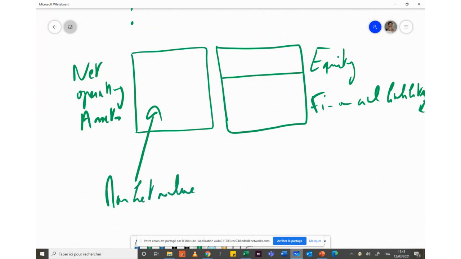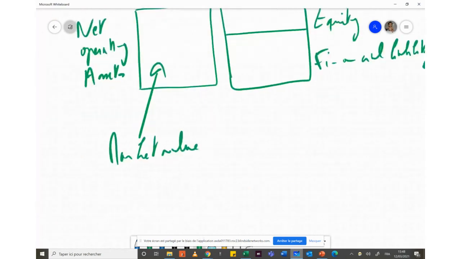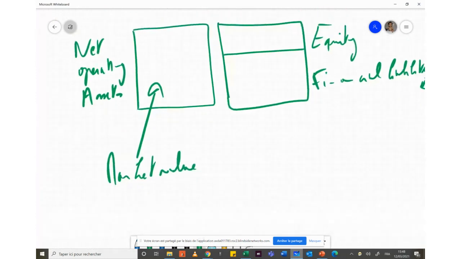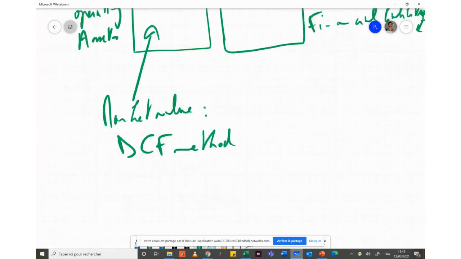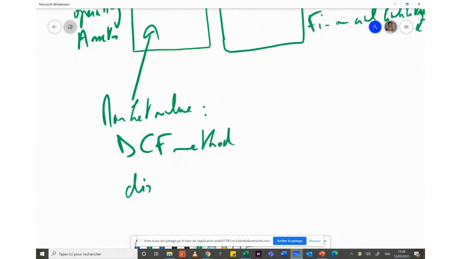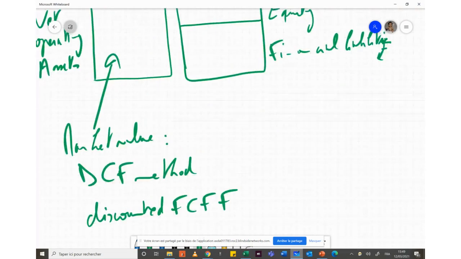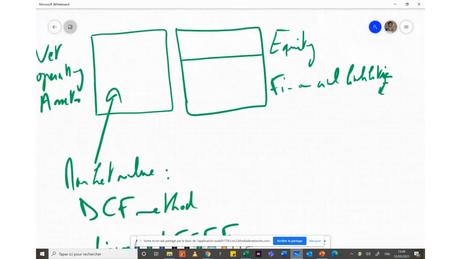We have the market value of the net operating assets thanks to the discounted cash flow methods, so with the discounted free cash flow to firm. And here we have the net debt, it means the financial liabilities minus the cash and marketable securities.